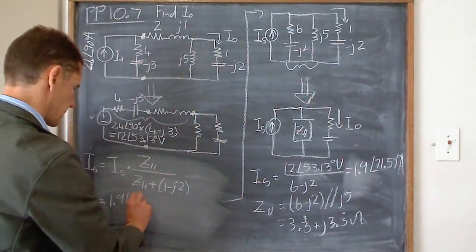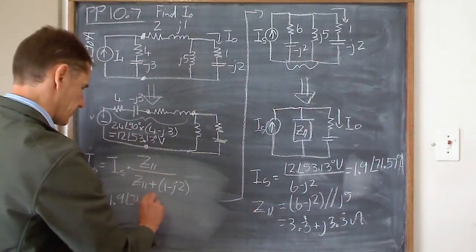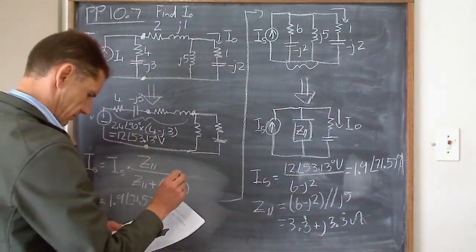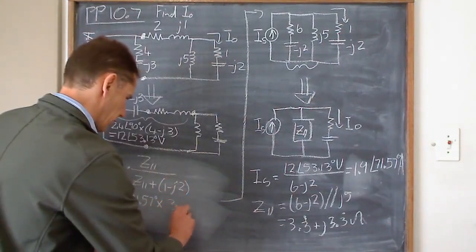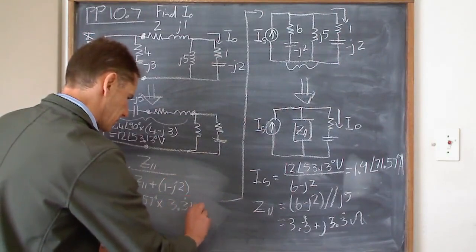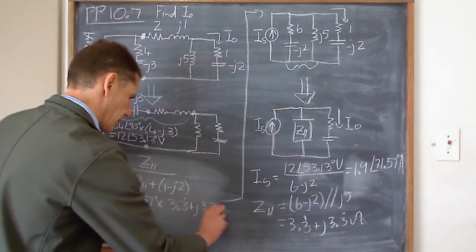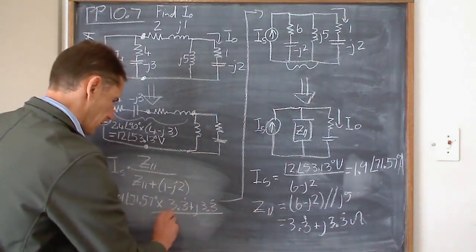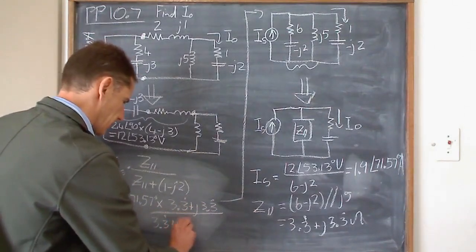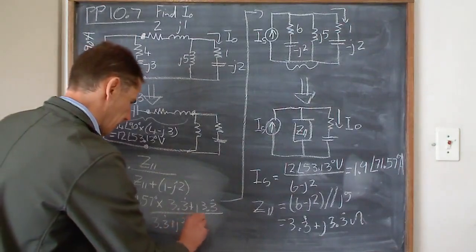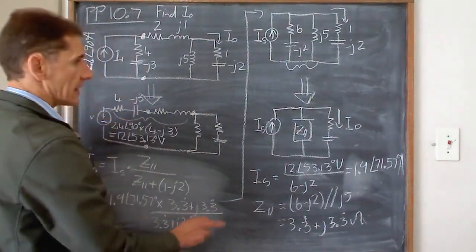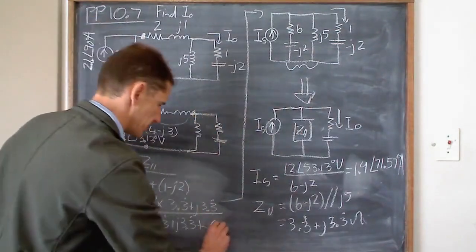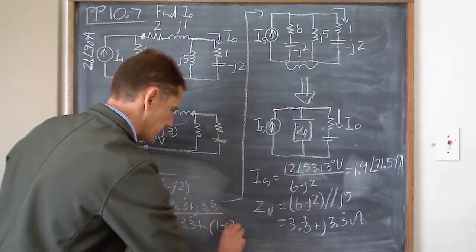1.9 angle 71.57 degrees, multiplied by Z parallel, 3.3 repeating plus J3.3 repeating, over 3.3 repeating plus J3.3 repeating, plus then that branch, which is the 1 minus J2.